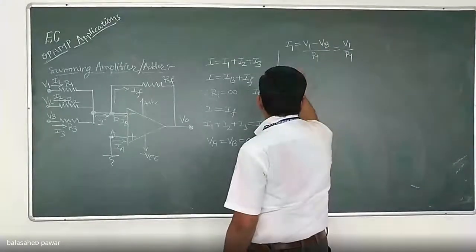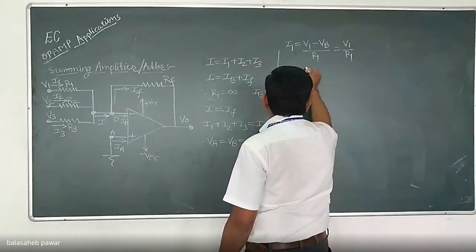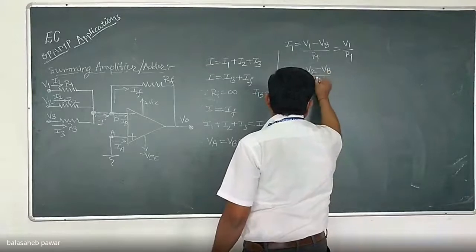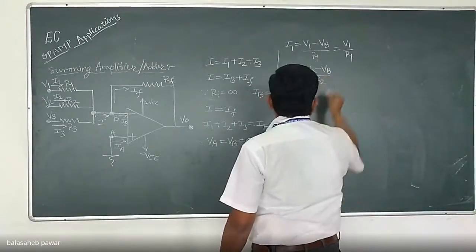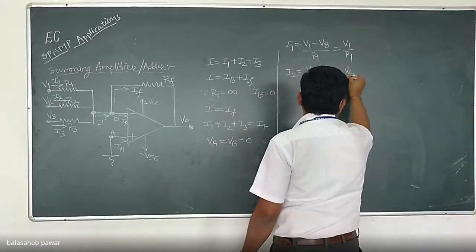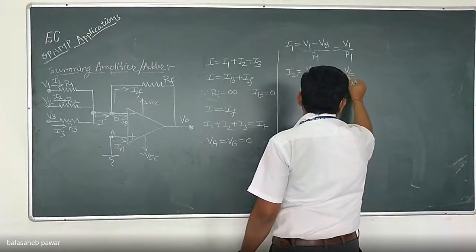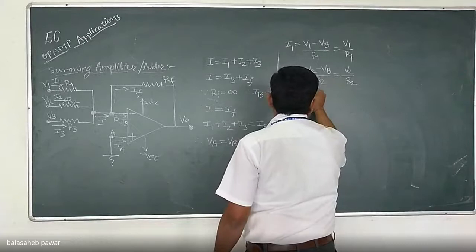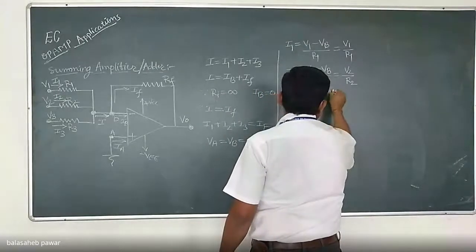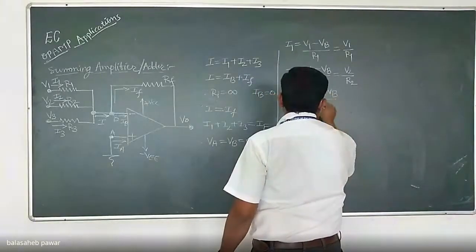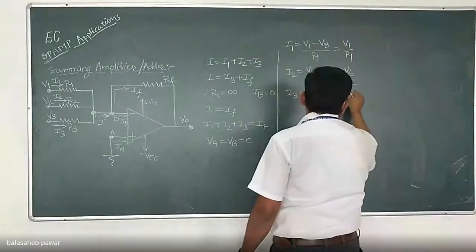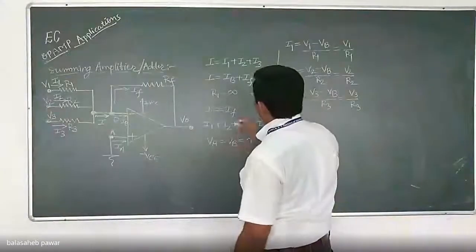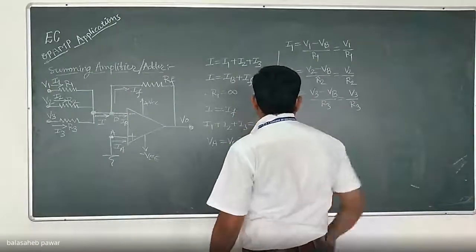Similarly, I2 equals V2 minus VB divided by R2, which is again V2 by R2, and the third current, I3, equals V3 minus VB divided by R3, which equals V3 by R3. The last one, IF, we have to define.